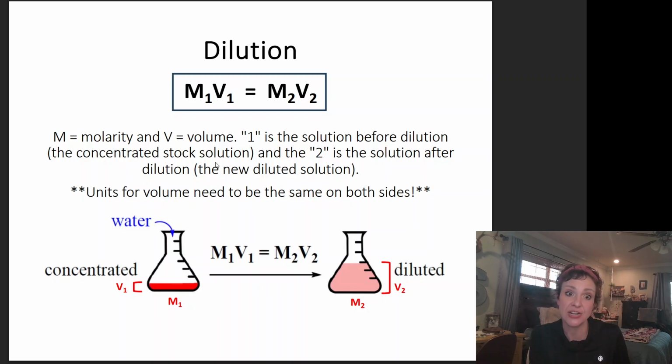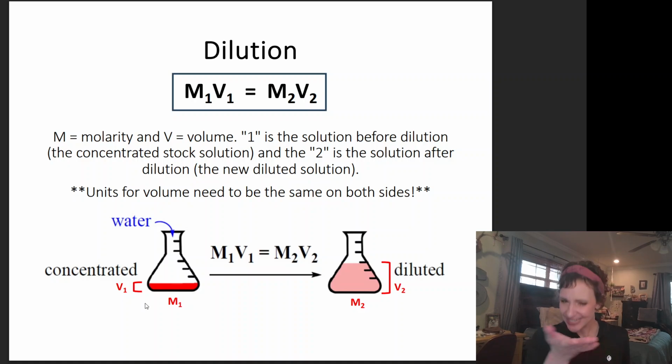And the 2 is the solution after you have diluted it or watered it down, my new diluted solution. So molarity, we know the units for molarity are going to be a capital M. Now the units for volume, you're like, oh great, do they have to be in liters? They can. They can also be in milliliters for this because nobody cares as long as they are the same on both sides. So that's just something to keep in mind.